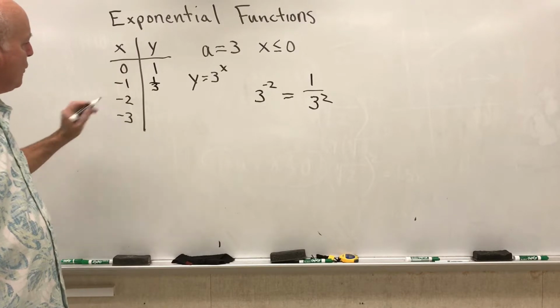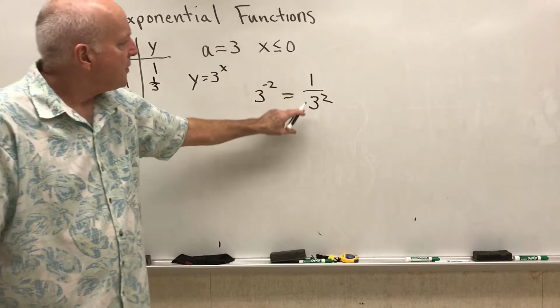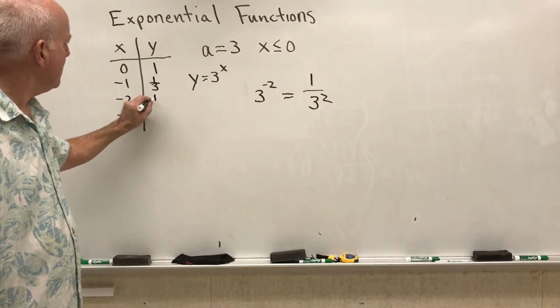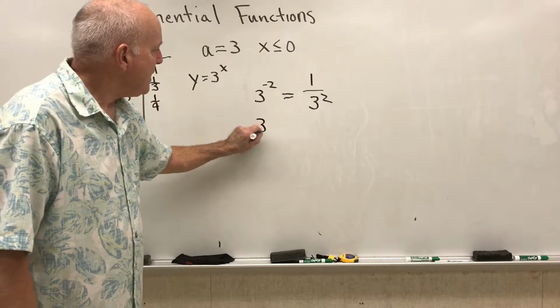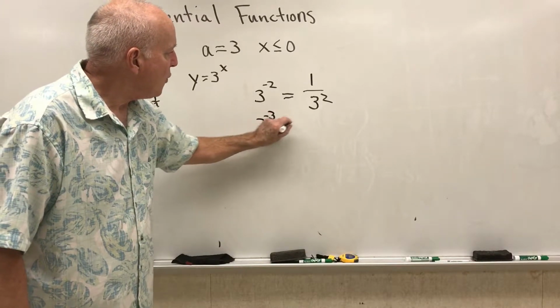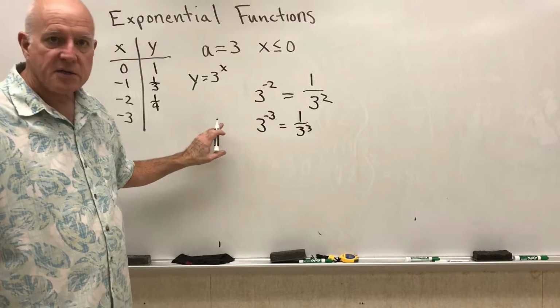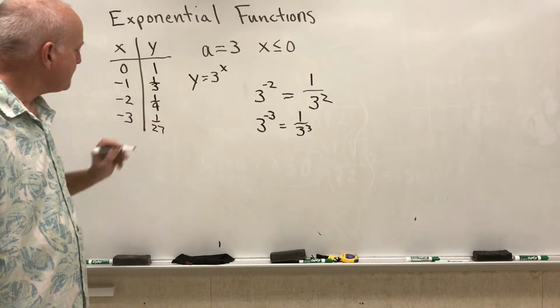All right? When we go to -2, now we've got 1 over 3 squared. That's 1/9. When we go to -3, 3 to the -3 is equal to 1 over 3 to the 3rd. 3 times 3 is 9, times 3 is 27, 1/27.